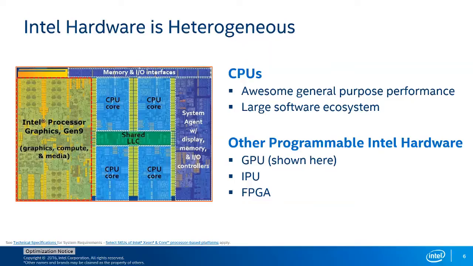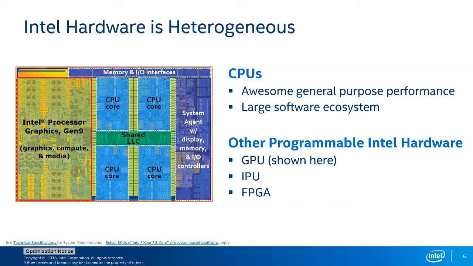What I'm trying to describe now is that we've entered a heterogeneous era. By heterogeneous, I mean multiple types of architectures and instruction sets together on the same system. Here we've got multiple hardware types within the same processor.